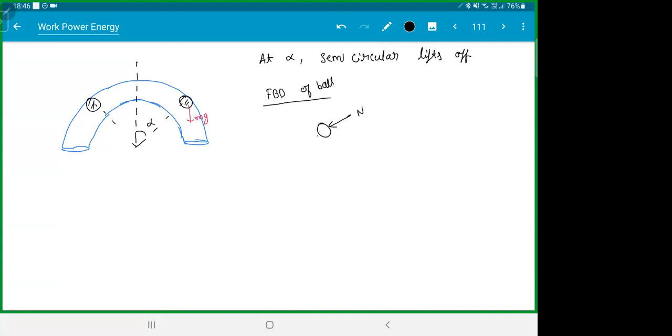Then the mg component will be this way, mg cos alpha. Centrifugal force will be outside, mv square by r. This is alpha. So from here, I can get N is equal to mv square by r minus mg cos alpha. This is equation 1. Check.